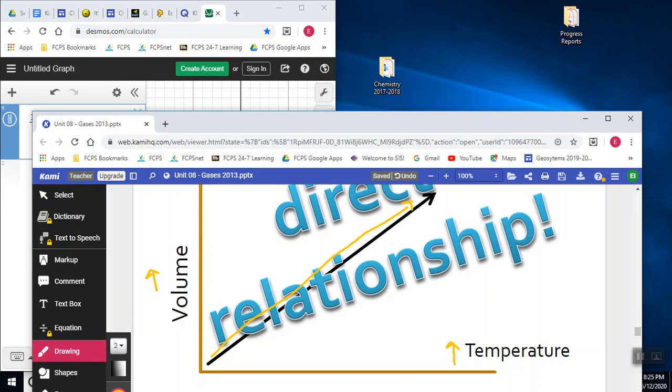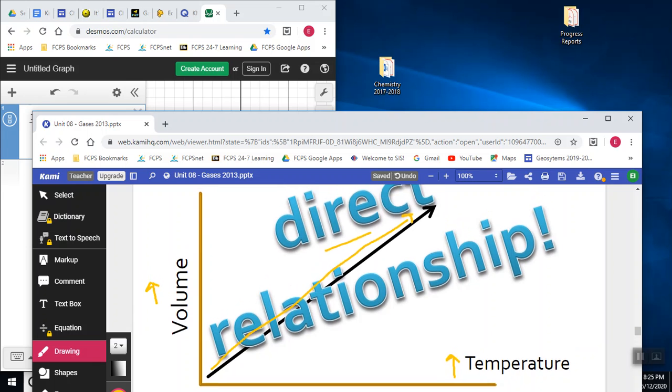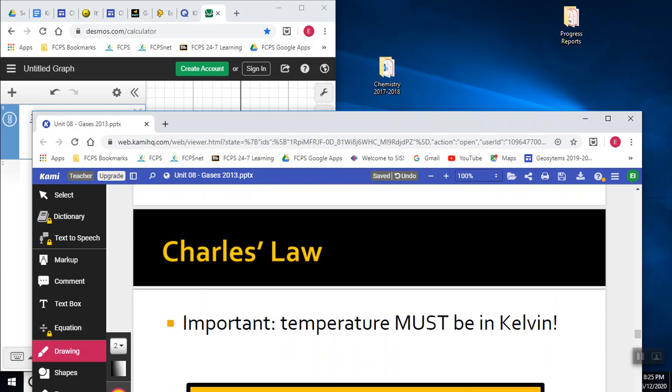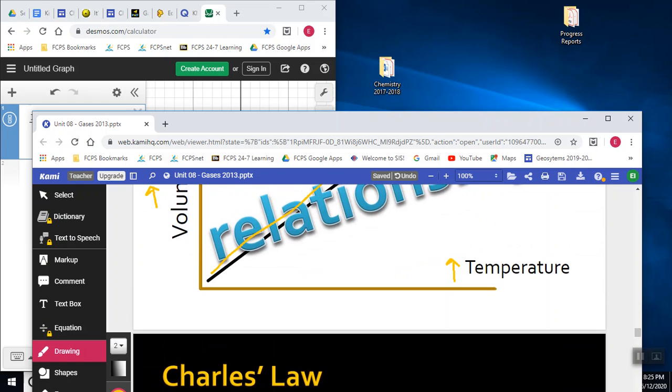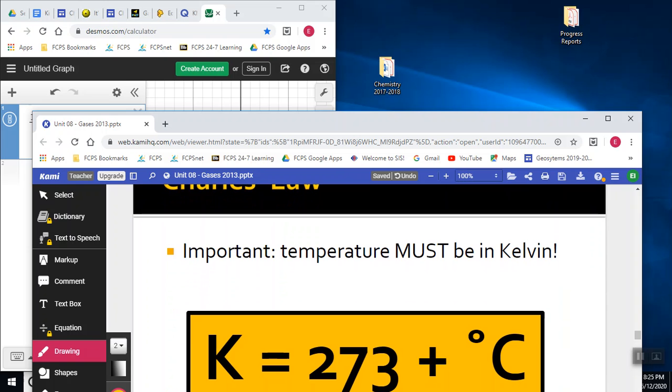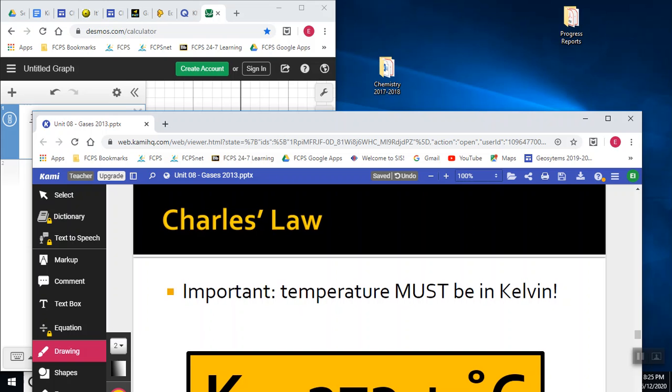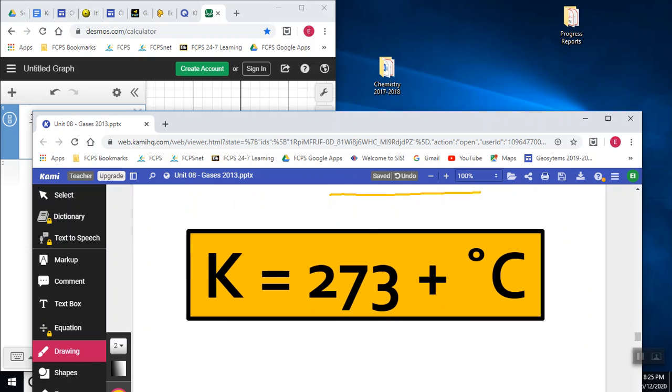That's a direct relationship. That's linear. One thing that is very important is the temperature must be Kelvin. And to get to Kelvin from Celsius, you just add 273.